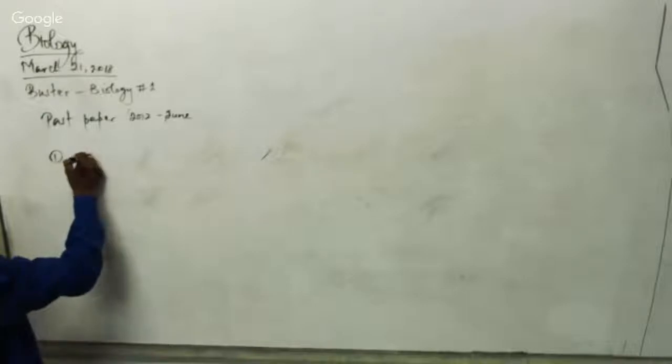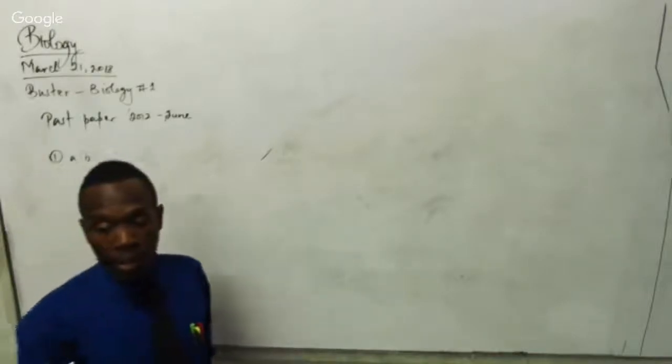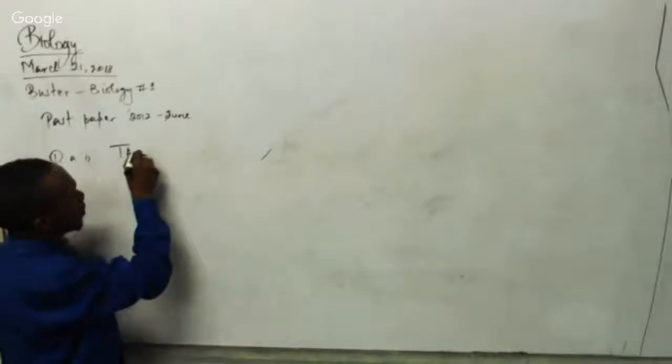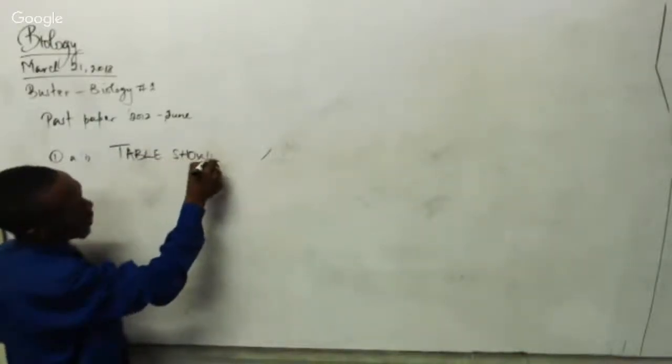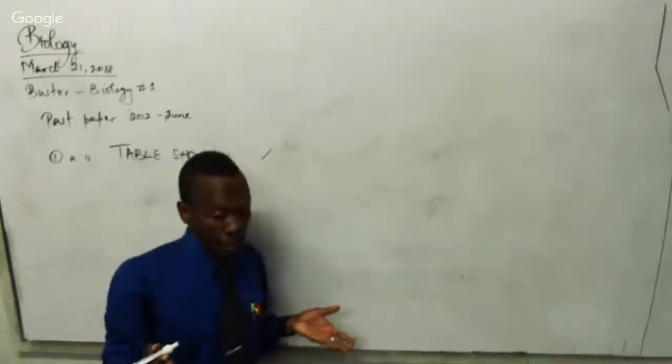So we're doing number 1. It's A1, table construction. So the first thing that you're going to write before you construct a table is the title. It must be in all caps, it must be underlined, it must say table showing, and it must describe what is inside the table.